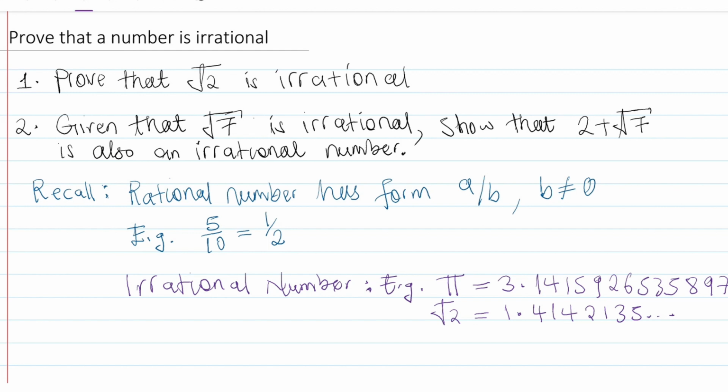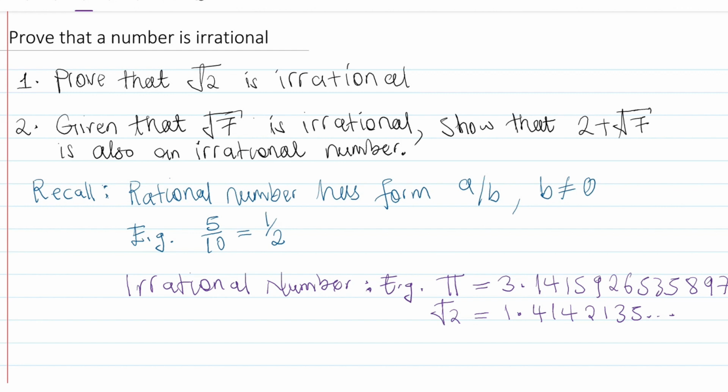For example, if I give you 5 over 10, you can simplify it by dividing throughout by 5, which is 1 over 2. And 1 over 2 is in its simplest form. There is no common factor between 1 and 2 except 1 itself. So that is a rational number.